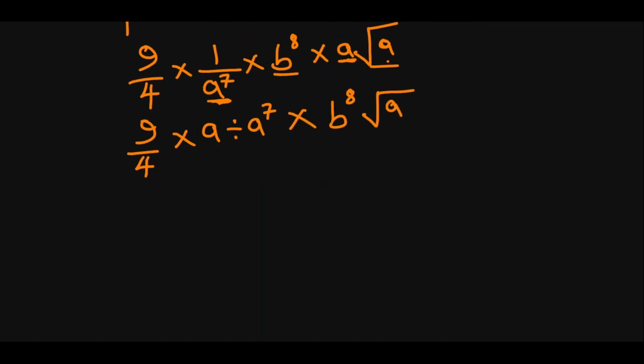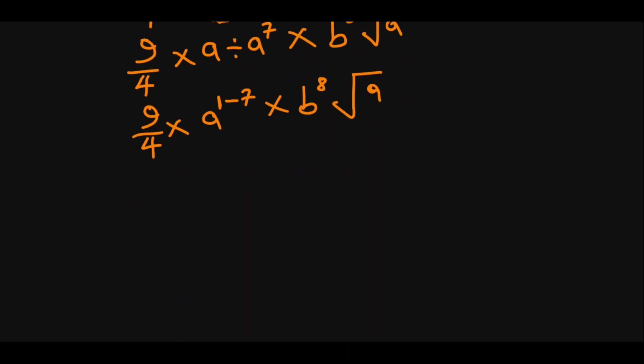So finally that gives us 9 over 4 times a to the power of 1 minus 7 based on division with the same base times b to the power of 8 root a, which is equal to 9. A to the power of 1 minus 7 is minus 6.